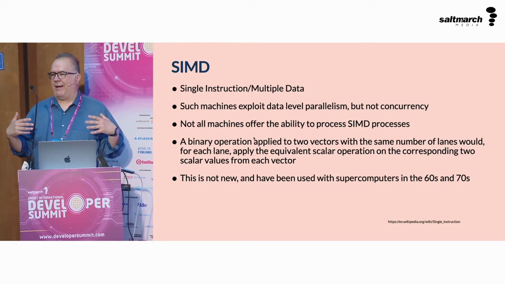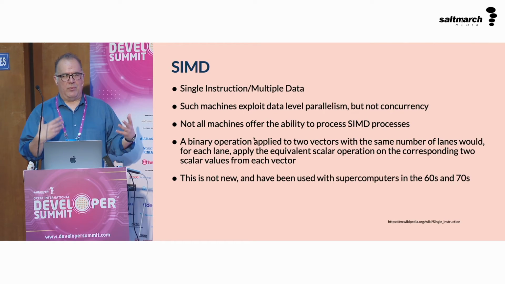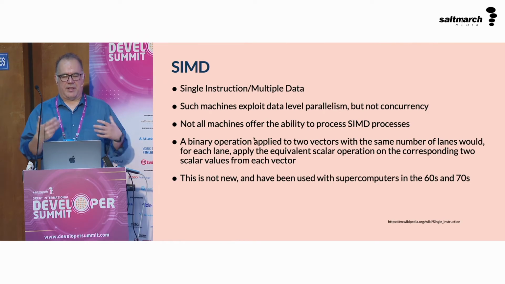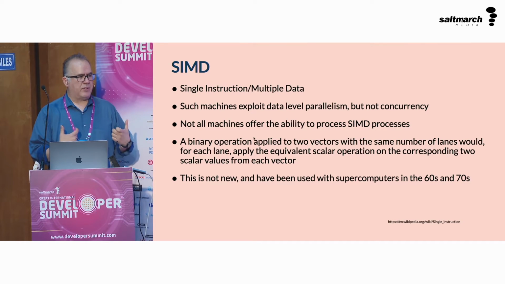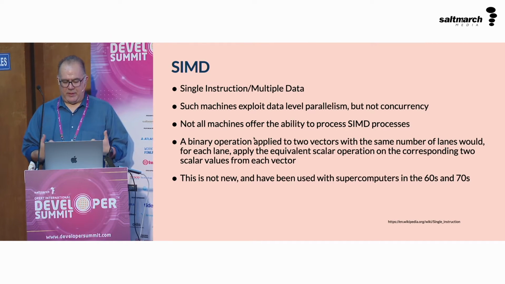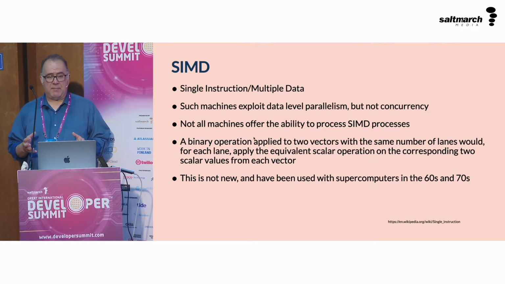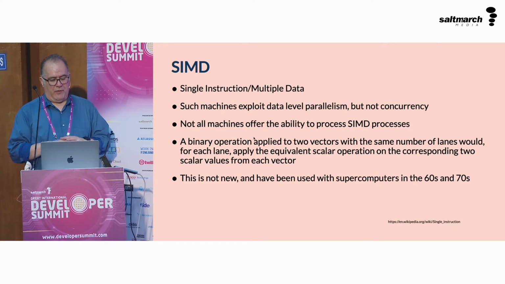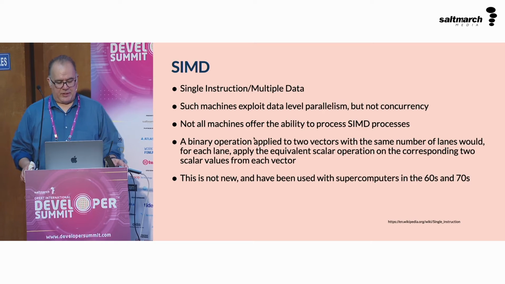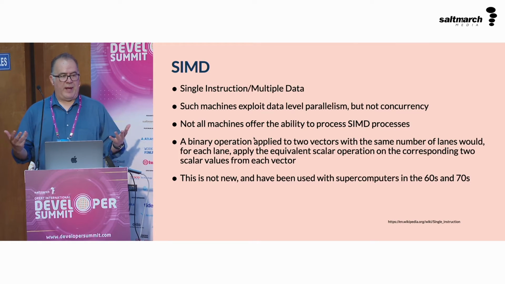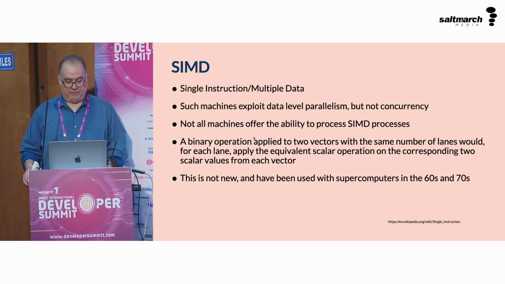At some point, you'll have a timeshare situation where you are vying for control. There's context switching within your CPU. But this right here is actually the parallelism that we're going to be talking about. Not all machines offer the ability to process SIMD, but the good news is that for most major architectures, most major laptops, most major server machines that you'll be using, you do have SIMD capabilities within your CPU, okay?